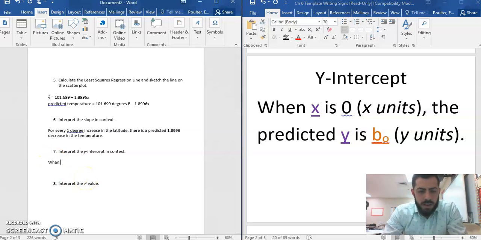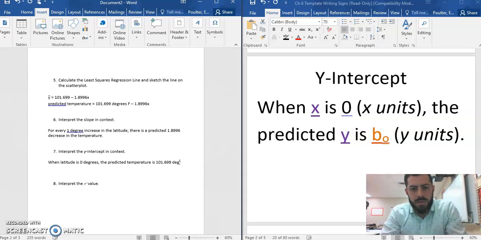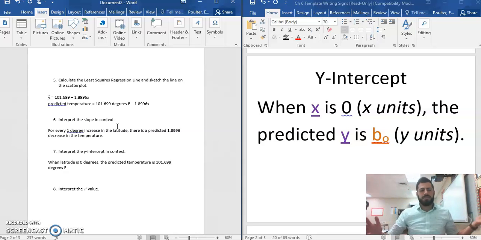When the latitude is 0 degrees, the predicted temperature is, what was it? 101.699 degrees Fahrenheit. That's easy.